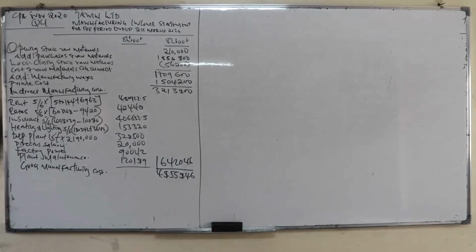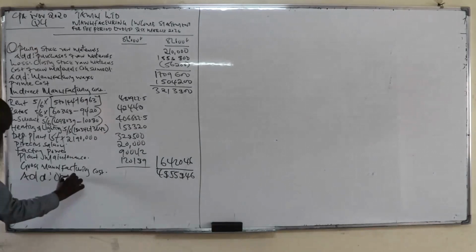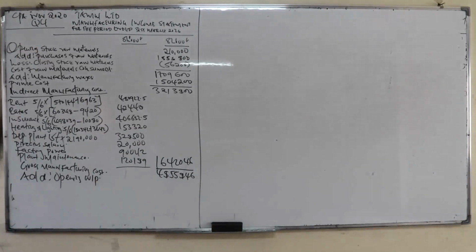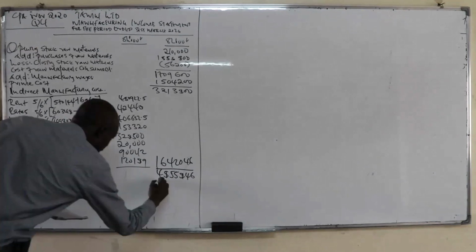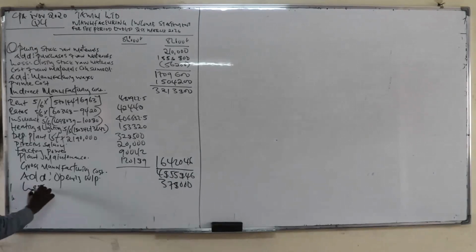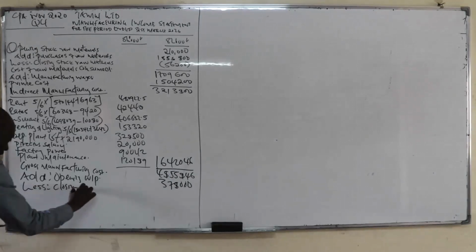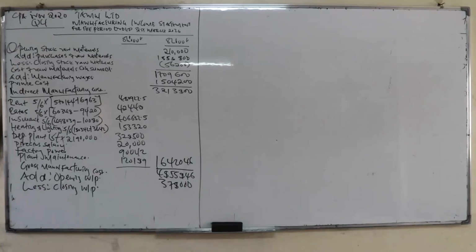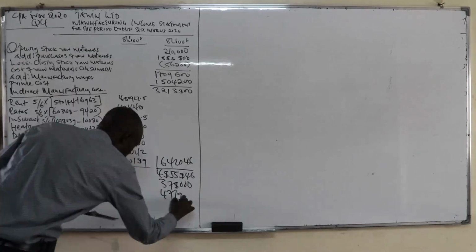And then you add opening WIP. Opening WIP means work in progress at the beginning, which is 378,000. And then you less closing WIP. Closing WIP is note number 7, which is 47,190.